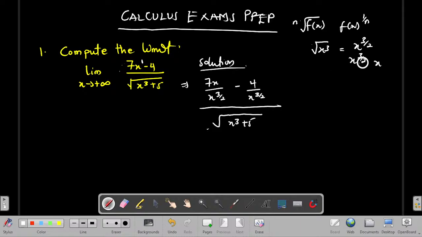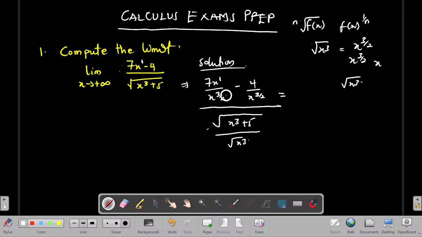Remember that x to the power 3 out of 2 is the same as the square root of x cubed, so it's the same as dividing this by the square root of x cubed. Once the x cubed enters, I can simplify my numerator: the power of x here is 1, and the power here is 3 out of 2.